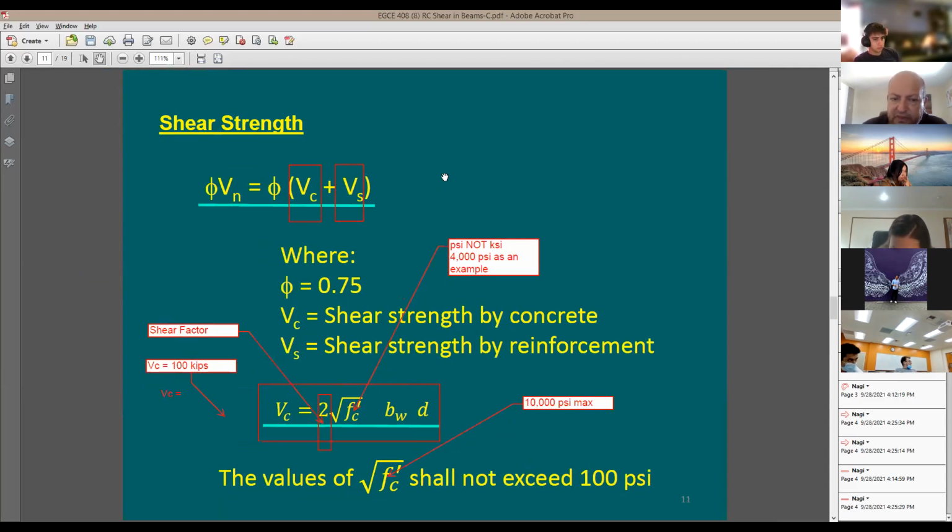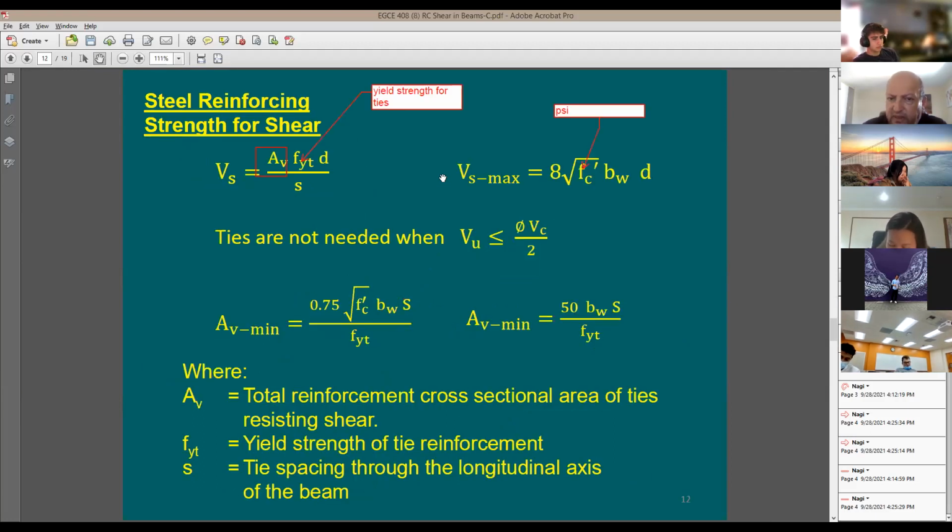How about the reinforcing bars? How much shear resistance would they have when it comes to the ties? You can say this Vs max is going to be equal to 400 kips. This is just the max, the limit. But the actual is going to be based on the amount of steel that you put there, and let's say that you run the analysis and it is equal to 200 kips.